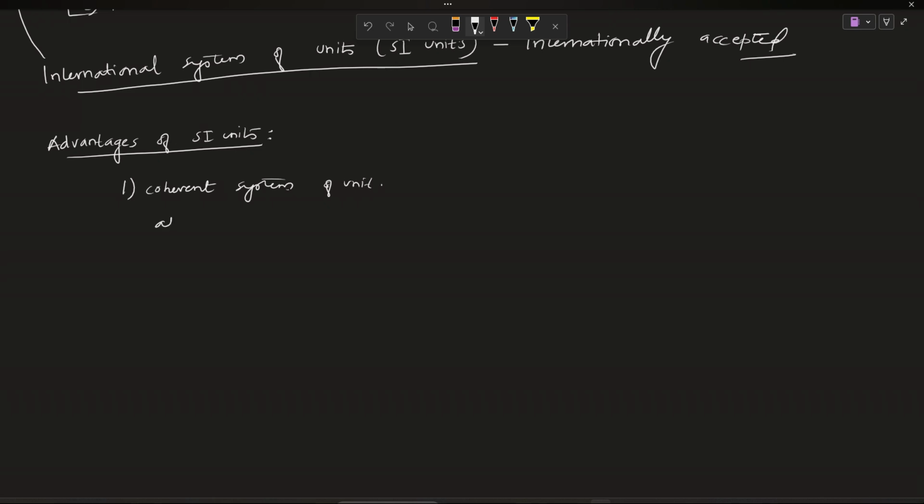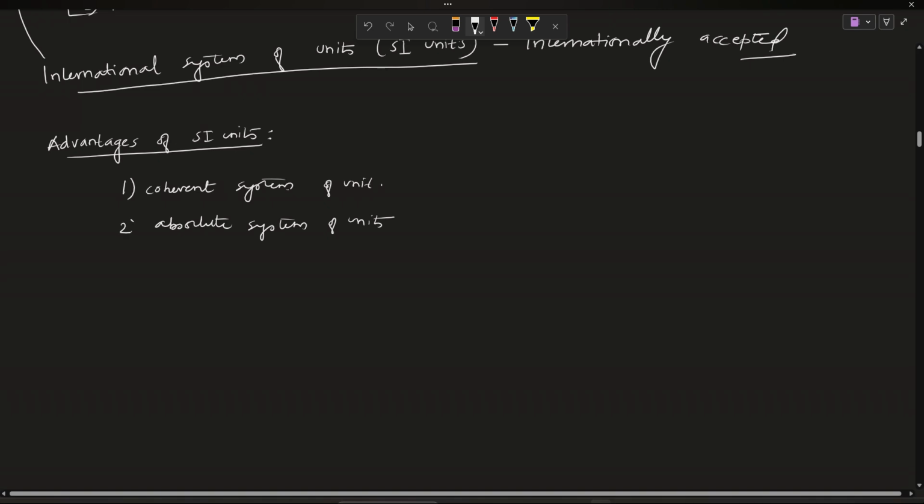It is also an absolute system of units. So one advantage is that it is coherent, another is that it is absolute. It is also rational in nature, and it is also a metric system. The advantages of it lie there.